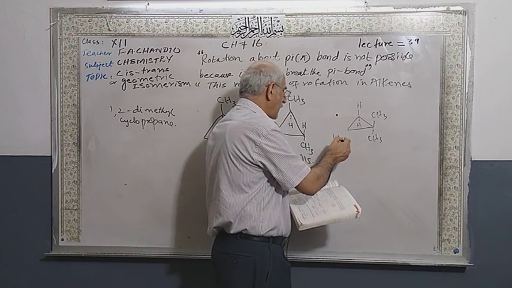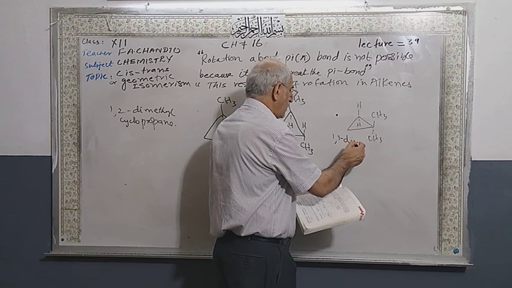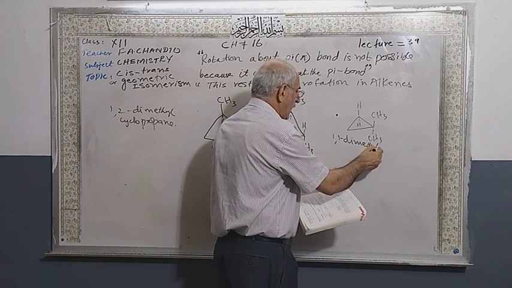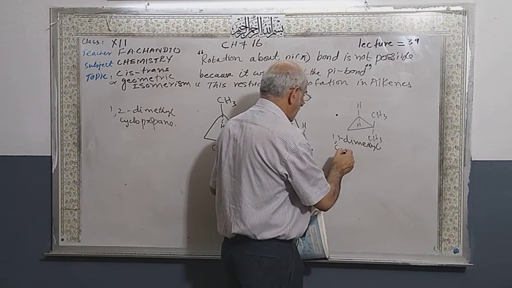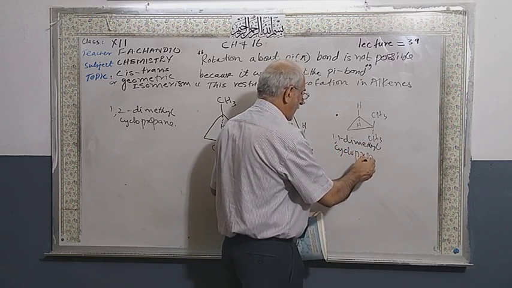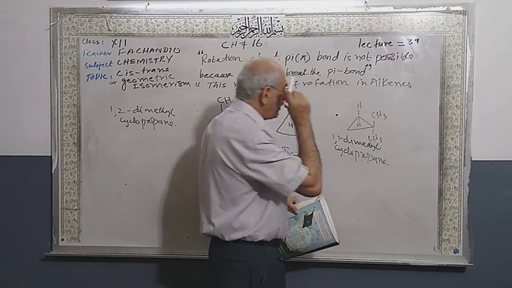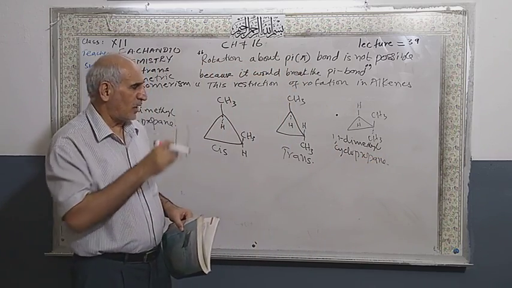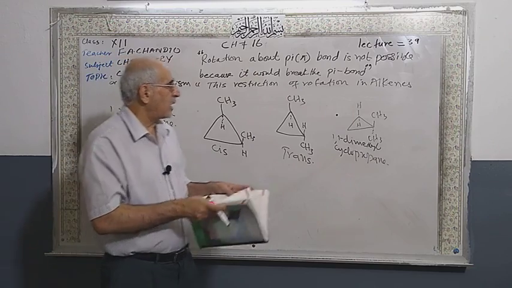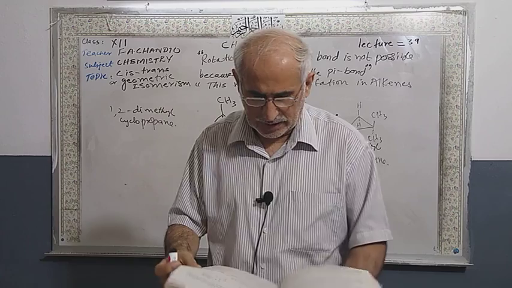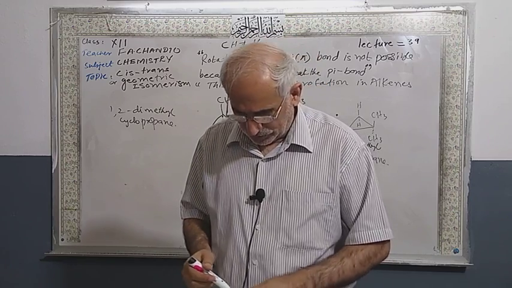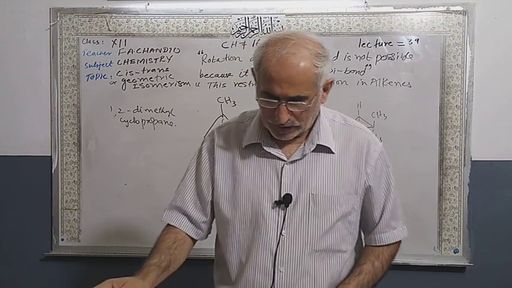This is 1,1-dimethyl cyclopropane. 1,1-Dimethyl cyclopropane will not give geometrical isomerism because two same groups are attached to the same carbon atom. So due to this reason, it does not form geometric isomerism.